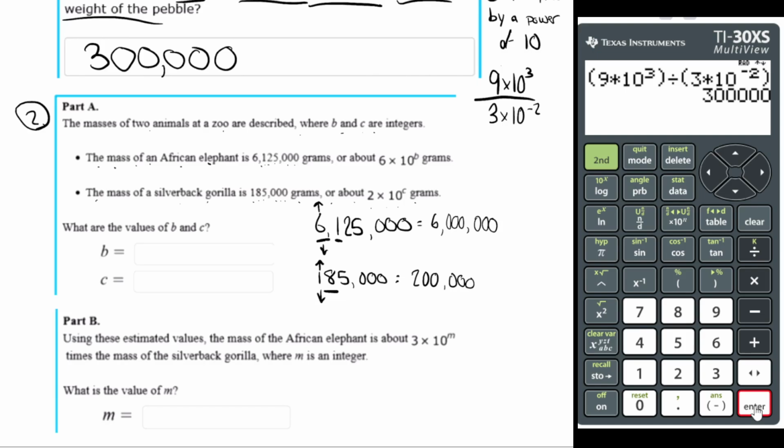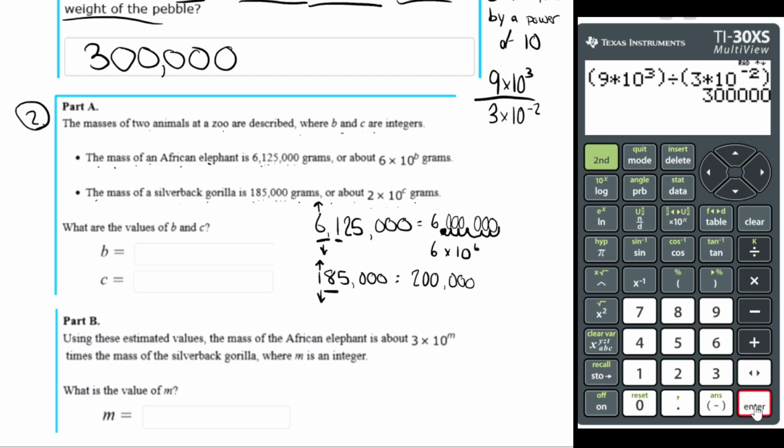Now, when you're estimating numbers in this fashion, you're going to put a decimal point after your number all the way on the left. Okay, so for 6 million, you're going to put your decimal point here. And for what your exponent will be, you just count your zeros. 1, 2, 3, 4, 5, 6.